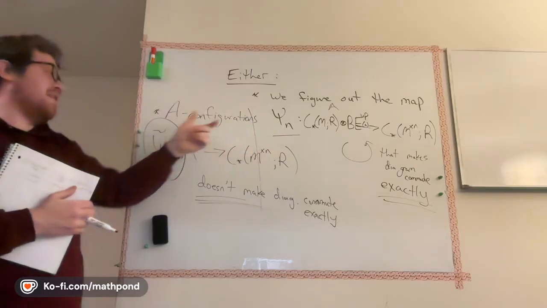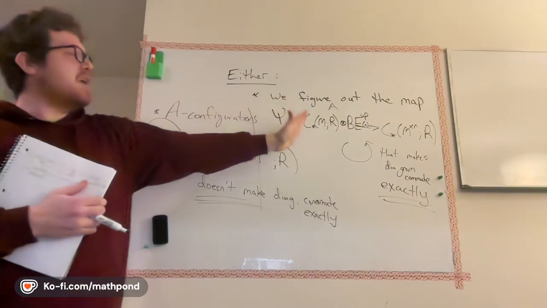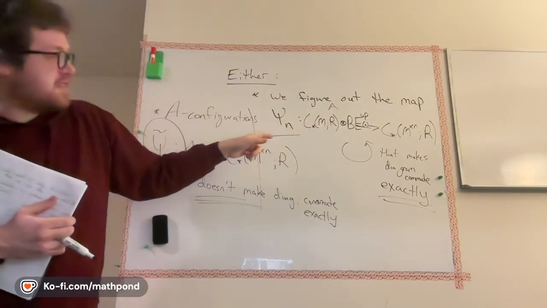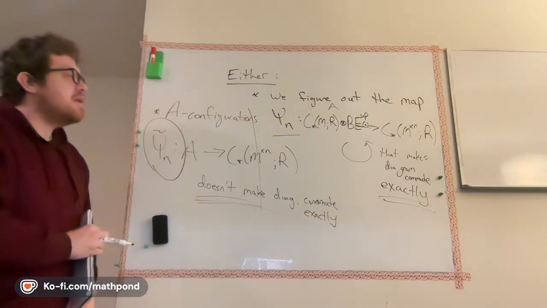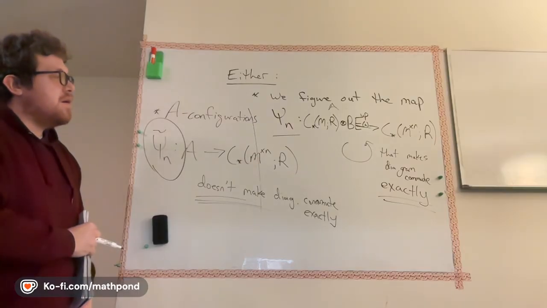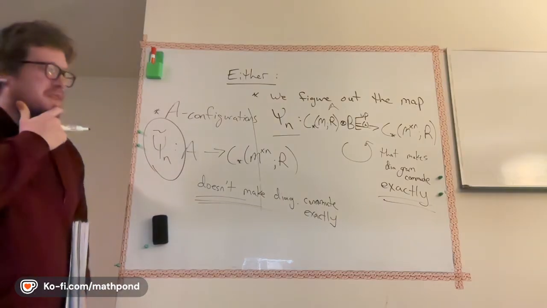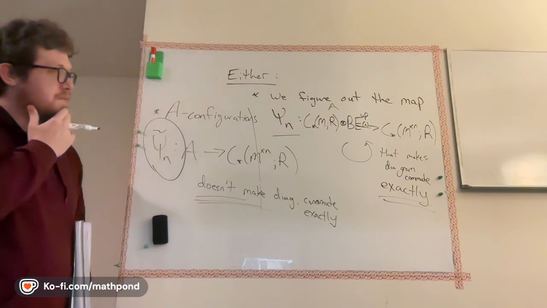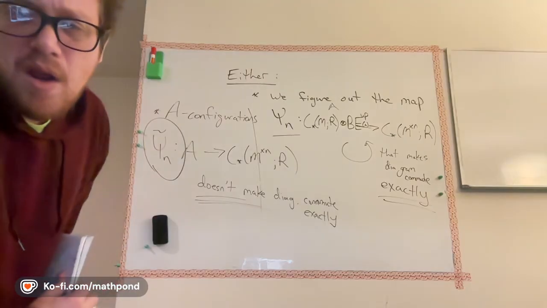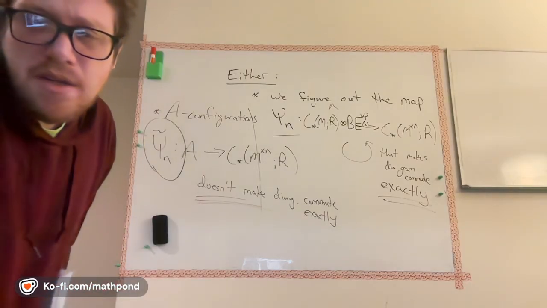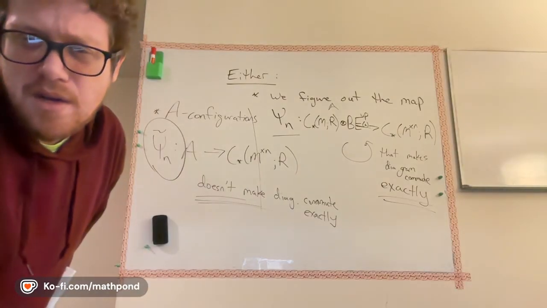Basically, this map and A configurations for those examples end up being the same thing, so these are very related if this does exist. This is very close to this map. A configurations are just a weird thing I defined in my thesis, but I can go into some examples in a second if we want. Any properties for tilde psi n? I can go into what it is actually in a second.